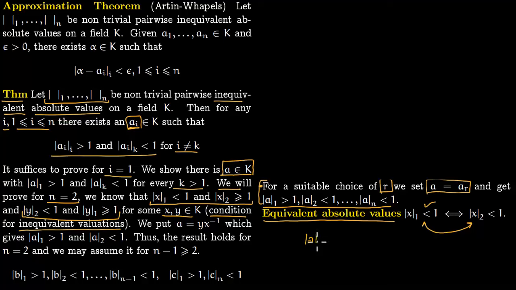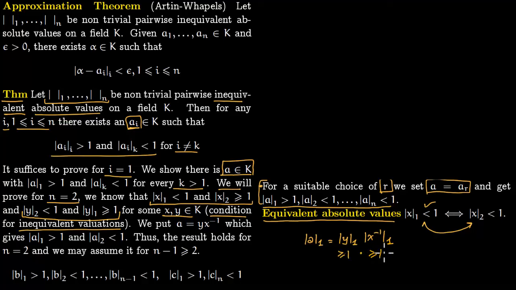So the absolute value of a will be equal to this. So what is the first valuation? The first valuation of y is greater or equal to 1, and the first valuation of x is less than 1. So since we have the inverse, the inverse would be greater or equal to 1.